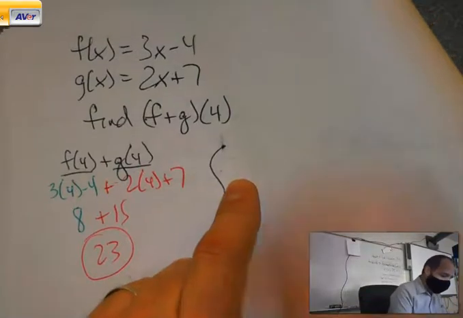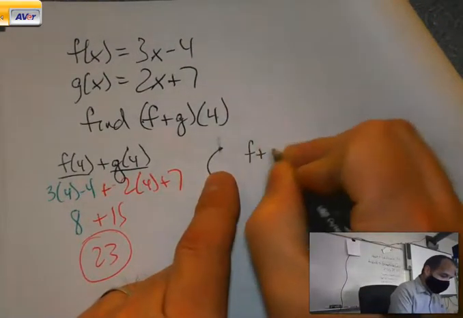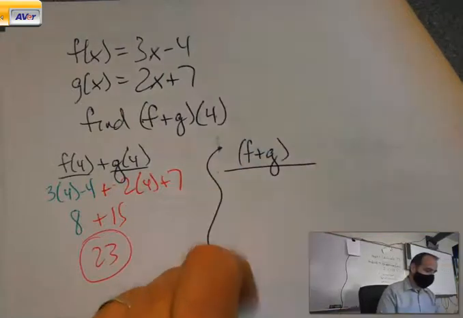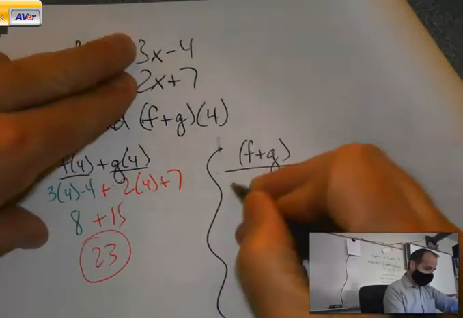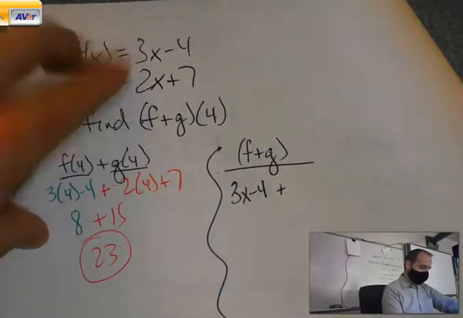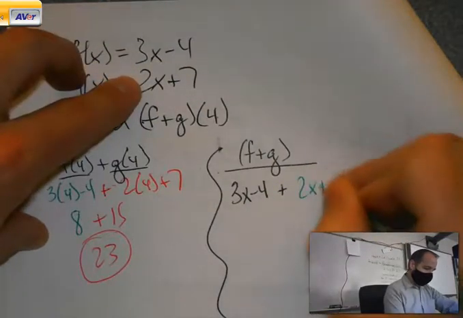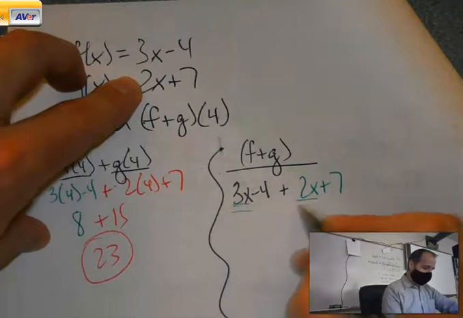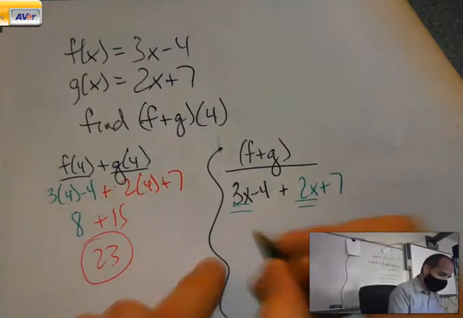Now, if that was x, I would just combine like terms, which is about what I'm about to do here. So here, if I did f plus g first, I'd be like, okay, so 3x minus 4 plus 2x plus 7. We'd combine like terms.